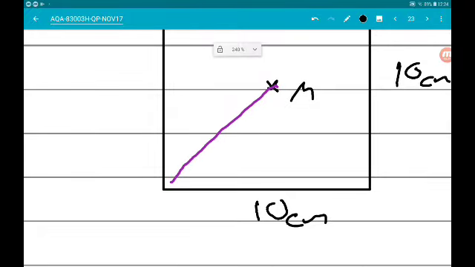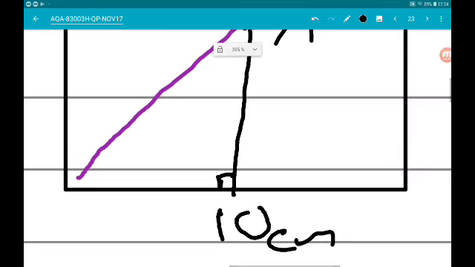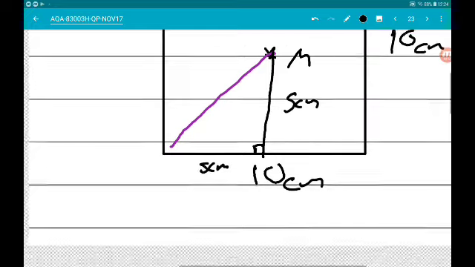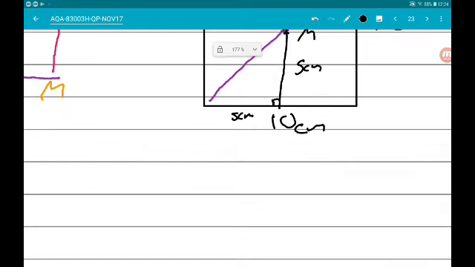So using this, we can play Pythagoras. So this is a right angle triangle with a height of 5 and a length of 5. So using Pythagoras, we can say that AM squared is equal to 5 squared add 5 squared.